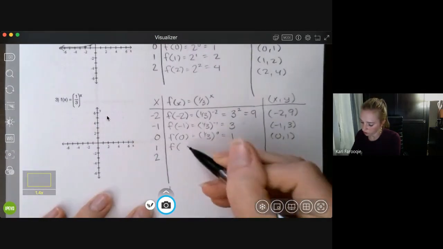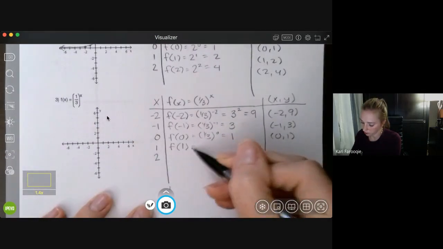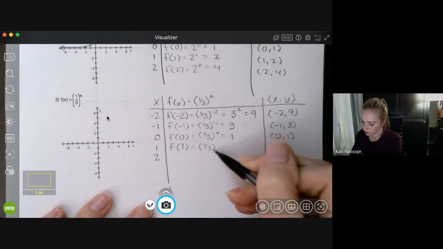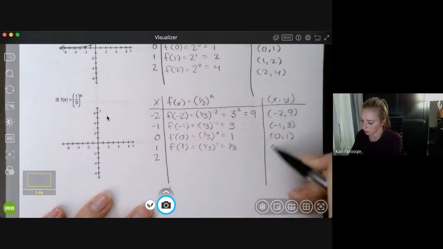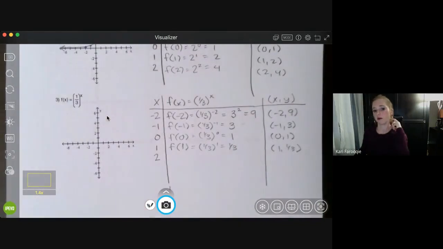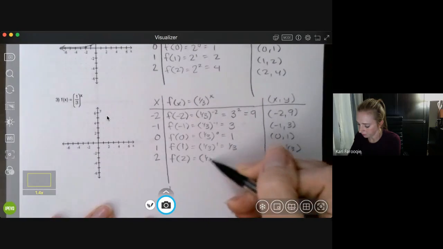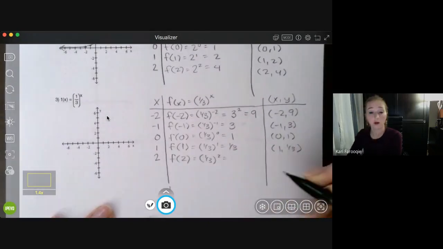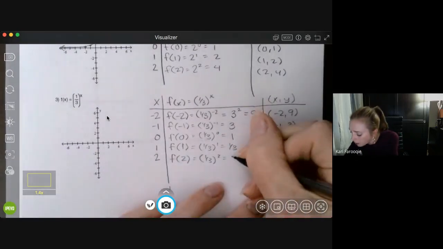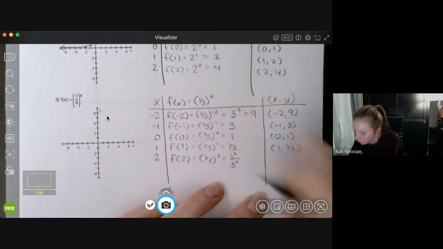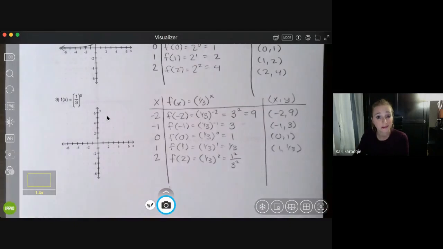And once we start looking at positive values for x, this gets even more straightforward. 1/3 to the first power is 1/3. And 1/3 squared, remember, is 1/3 times 1/3. If you don't want to write it that way, you can technically just take that exponent and apply it to both the numerator and the denominator, if you prefer to see it that way.